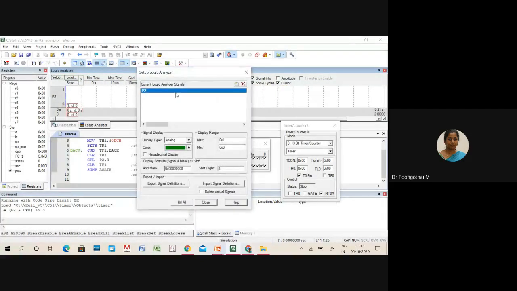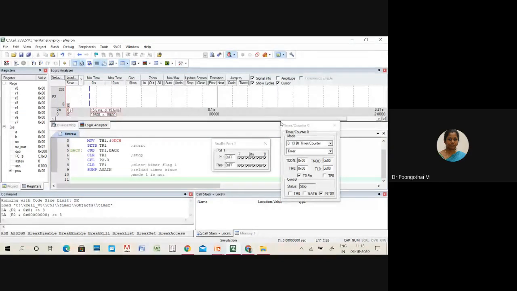In the logic analyzer, you have to give P2.3. For the logic level, if we are using a complete port, we give 00 to FF. If we are accessing individual port pins, you give 0 to 1.